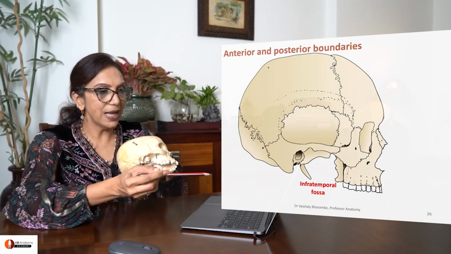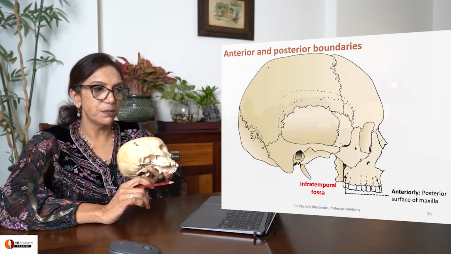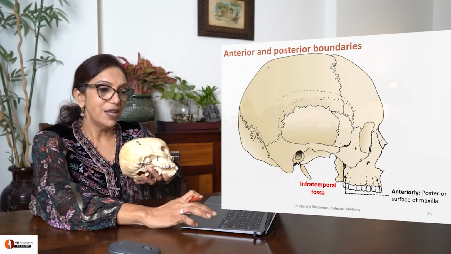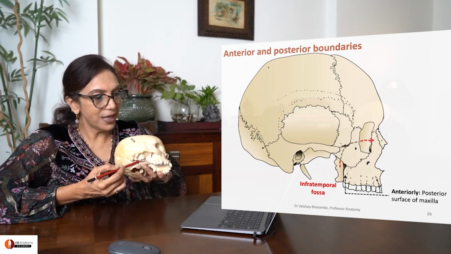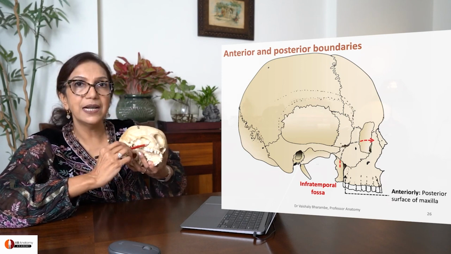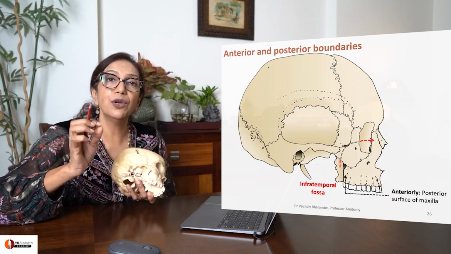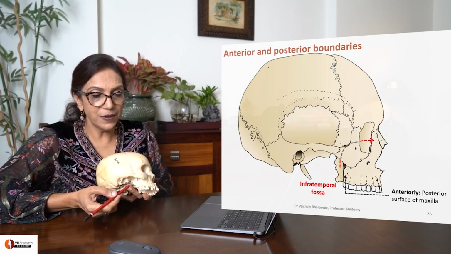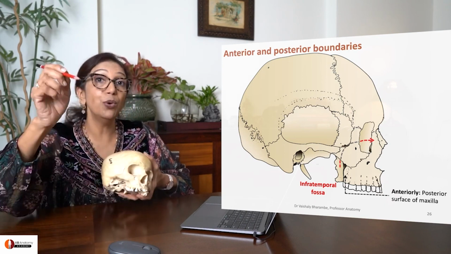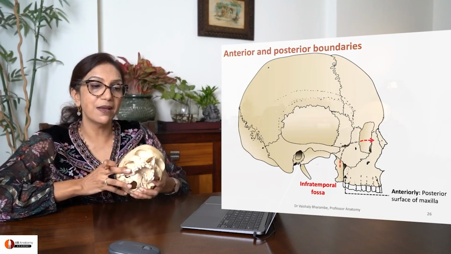Let's come to anterior and posterior boundary. As you can see, the anterior boundary is formed by the posterior surface of the maxilla. If you look carefully, you will find that at the upper end of this, there is a little fissure called the inferior orbital fissure, through which this infratemporal fossa communicates with the orbit. Now look in the orbit in the skull that you have.